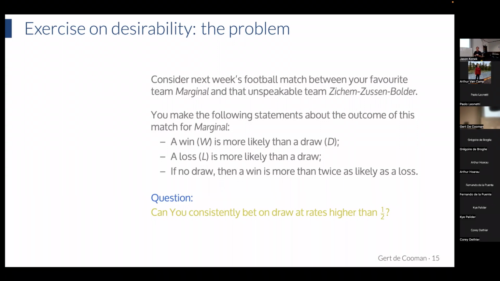Represent that as an assessment, and then check whether, if you add the assessment of betting on a draw at rates higher than 1/2, your closure will include negative gambles, for instance, or other ways of checking that you have consistency.